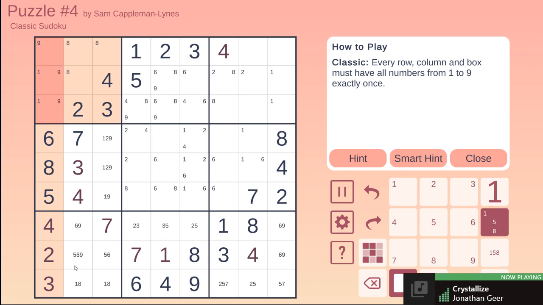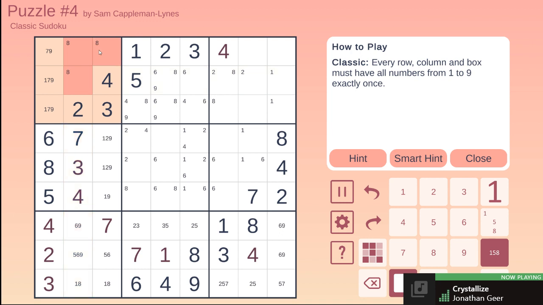Restricts that a little more. Well, we already know that, though. We can fill these in, actually. Not fill them in, but fill in the pencil marks. Because 1, 2, 3, 4, 5, 6. There's a 7 missing. Right there. 1, 7, 9. Great. Which means we could also fill these in.